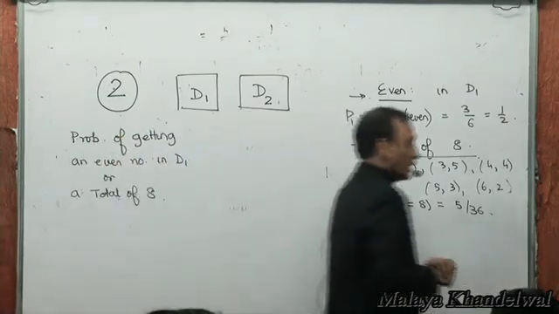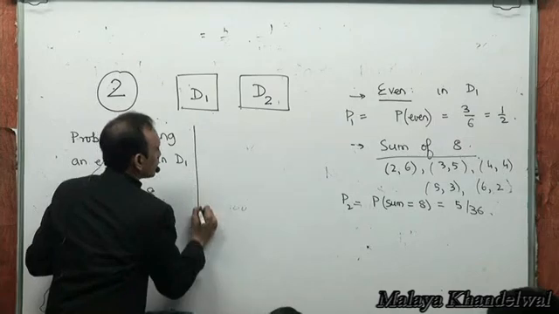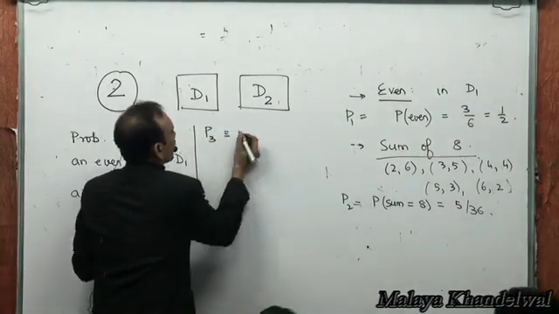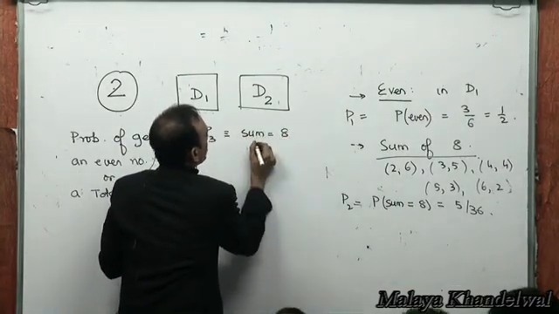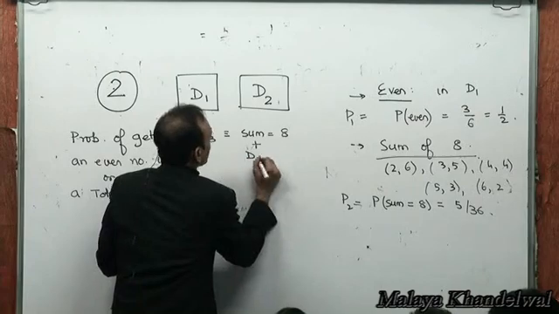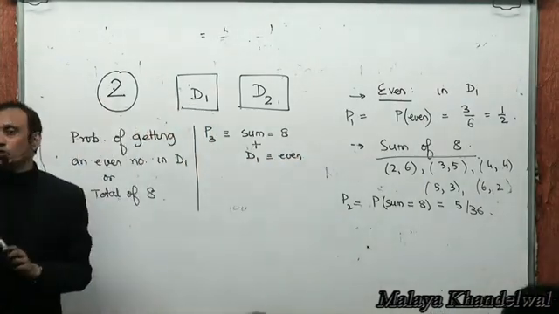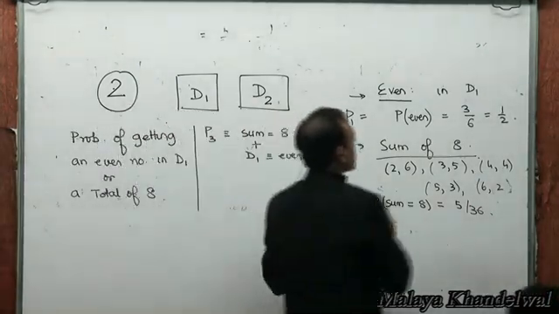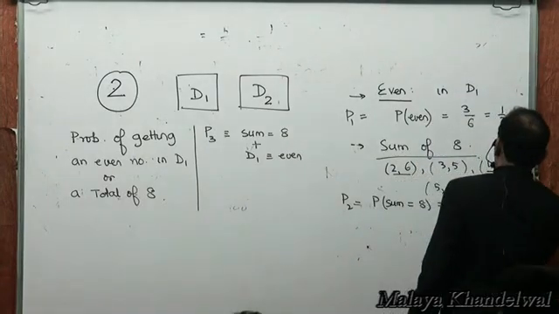Right? Now, what is the probability P3 of sum equal to 8 and D1 is even? So look at sum equal to 8 and D1 even.